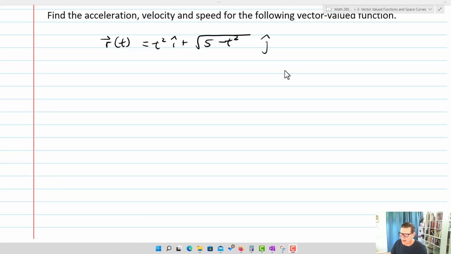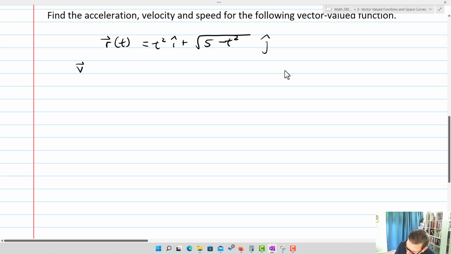So let's say, for example, we have this vector valued function, r of t equals t squared i plus the square root of 5 minus t squared j. In order to find the acceleration, the velocity, and the speed, we'll first find the velocity, v of t, which equals the derivative of r of t.